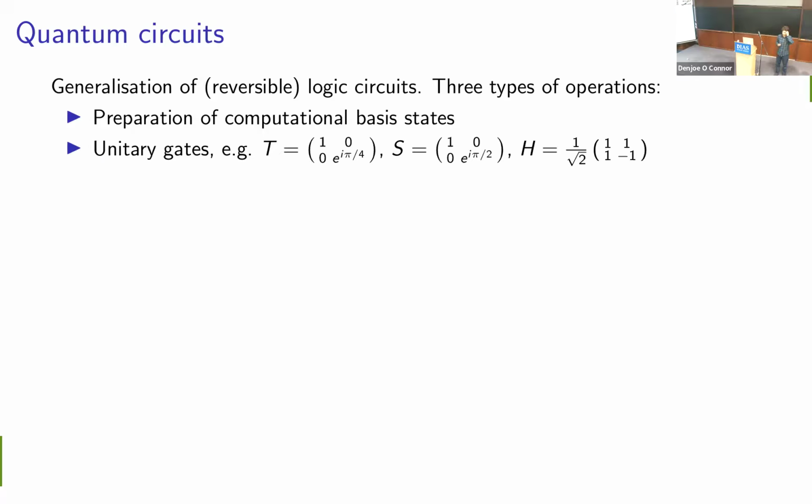I'll talk a little bit more about what makes a unitary gate in a moment. Here are a few examples of single qubit gates that are going to appear in my example circuit that I'm going to show you in a moment. And then we can use measurements in the computational basis at the end to read out the result of our computation.